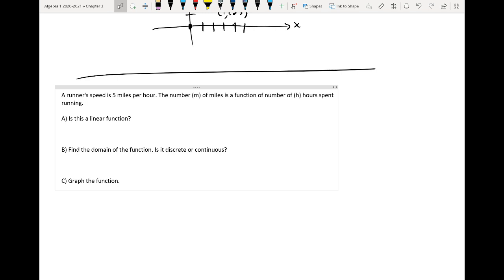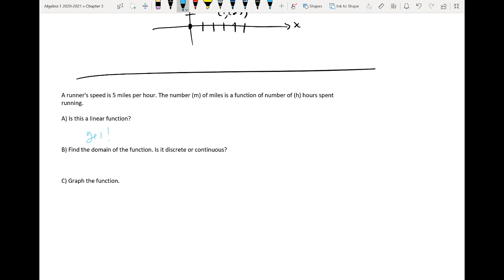Is it linear? Well, reading this, it's 5 miles per hour. There's a constant increase, right? Per 1 hour, it's 5 miles. 2 hours, it's 10, right? And so there's that multiplier. Plus 5, plus 5, plus 5, right? Because adding a constant term is ultimately going to mean multiplication.